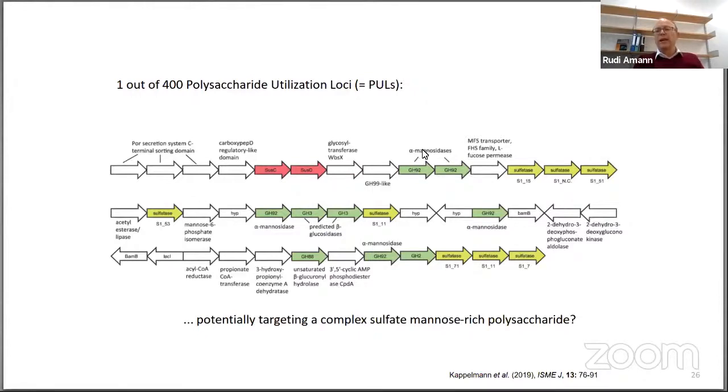For those, you can predict it's likely alpha-mannosidases. There are more GH92, but there's GH3, predicting beta-glucosidases, etc., and many sulfatases. Based on that, you can say this particular single locus is potentially targeting a complex sulfated mannose-rich polysaccharide. But this needs to be verified. And a lot of the work done by our colleagues in current research is about validation of these predictions.